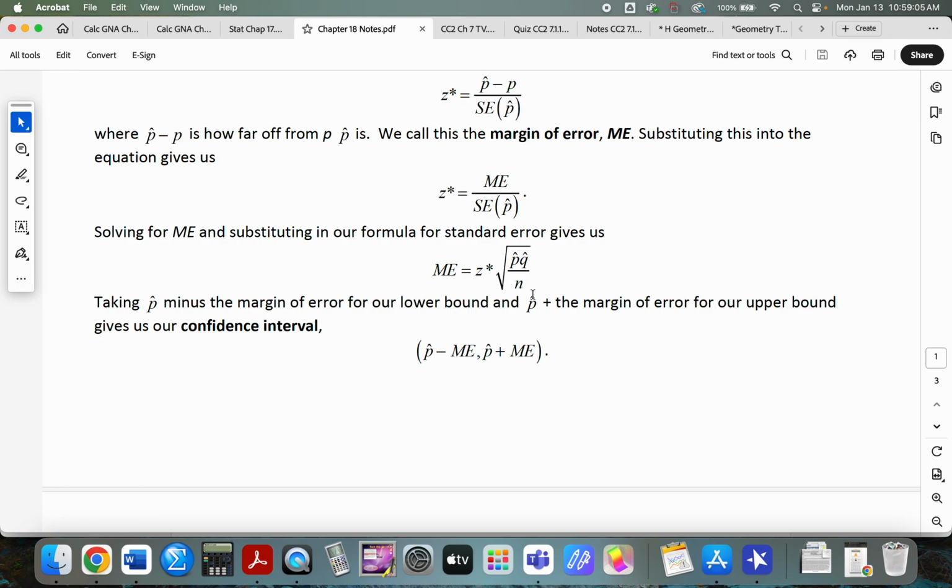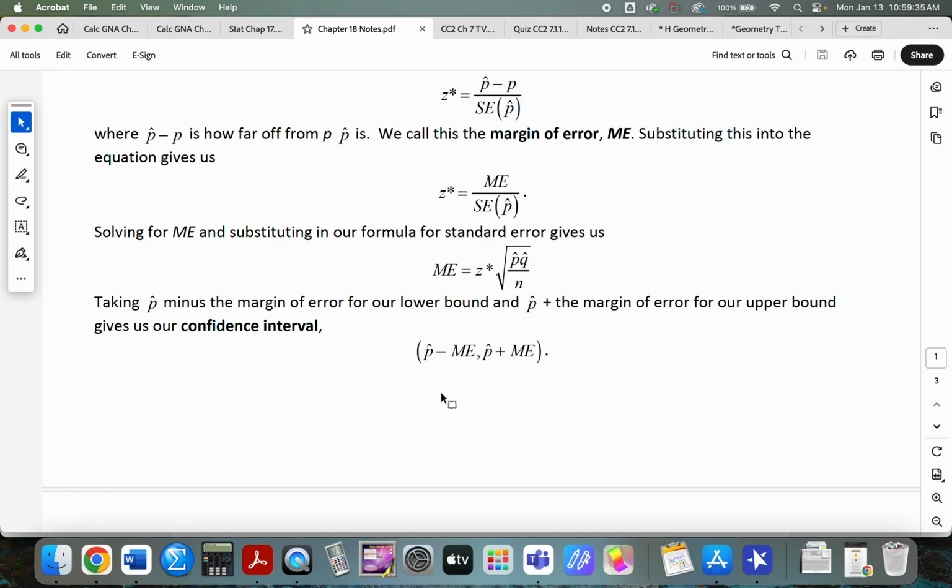And then z critical is found from how many standard deviations you want, what percentage you want to be in there. It is the number of standard deviations that you want to use, which, when you think about it, makes sense. z star is how many standard deviations you need to use, times the standard deviation. That's going to be your margin of error.